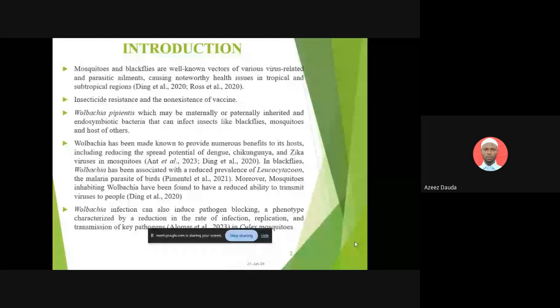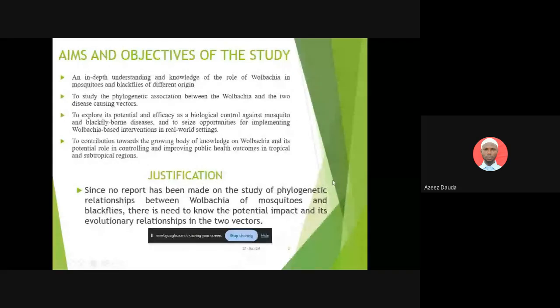This Wolbachia pipientis has been reported in different papers to reduce the vectorial capacity of some insect vectors. And that's the reason why the major aim and objective of this study is to understand the role of Wolbachia in mosquitoes and black flies of different regions, and to also study the phylogenetic association between Wolbachia and the two vectors, I mean the mosquitoes and the black flies.